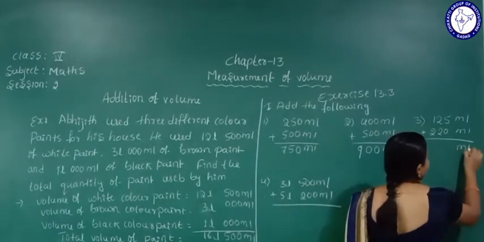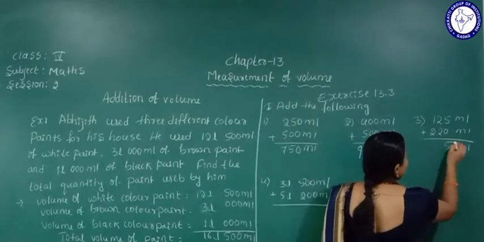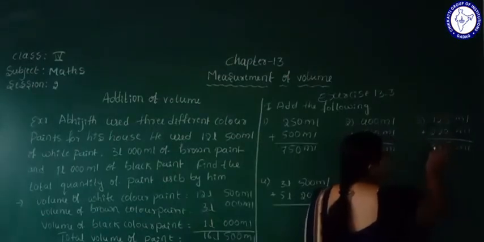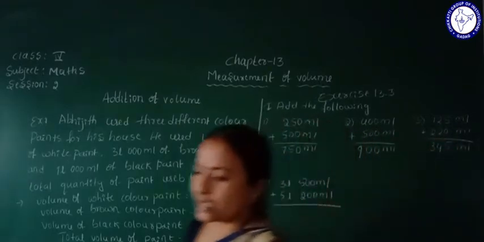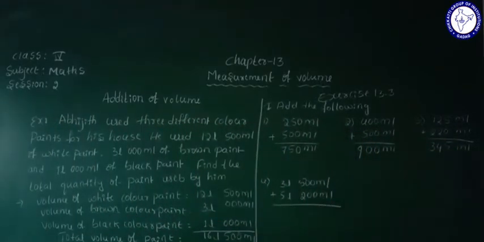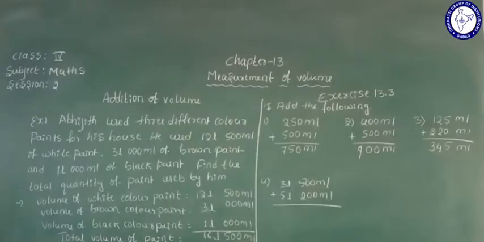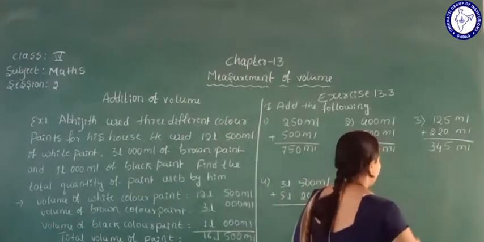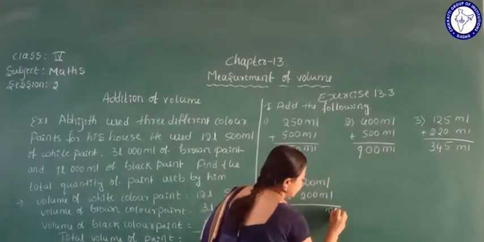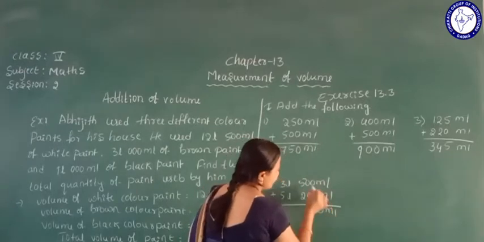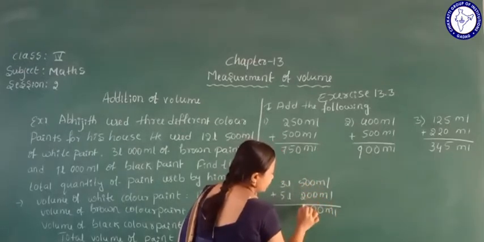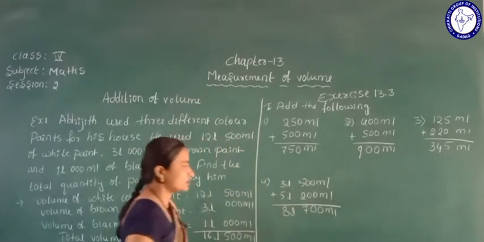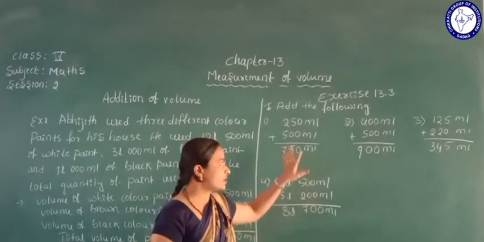Third one: 5 plus 0 is 5, 2 plus 2 is 4, 2 plus 1 is 3, so the answer is 345 ml. Fourth one: in ml, 0 plus 0 is 0, 0 plus 0 is 0, 5 plus 2 is 7, and in liters 5 plus 3 is 8. So 8 liter 700 ml. This is the first main question.